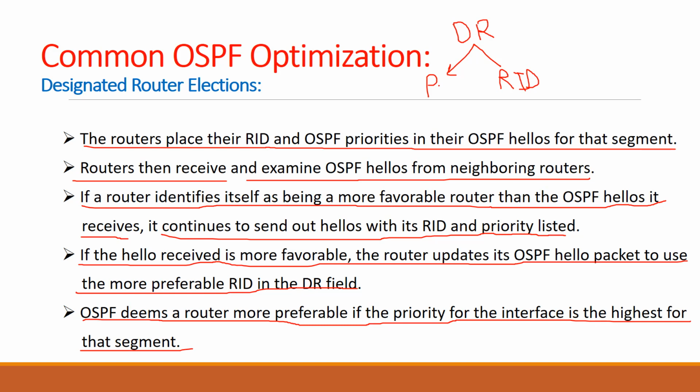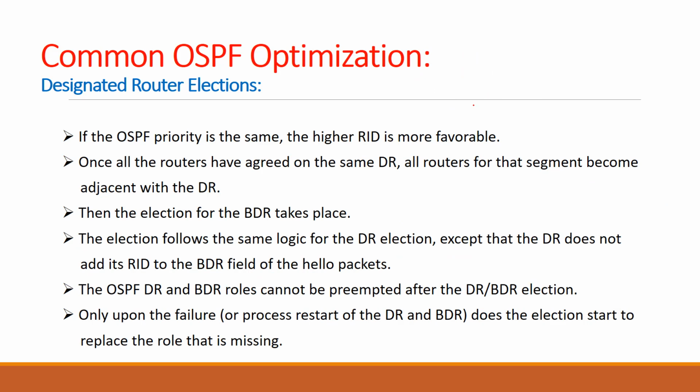If the priority is higher than 1, that router should be the DR. If they have the same priority but different router IDs, the highest router ID will be the DR. If the OSPF priority is the same, the higher router ID is more favorable. Once all the routers have agreed on the same DR, all routers for that segment become adjacent with the DR.